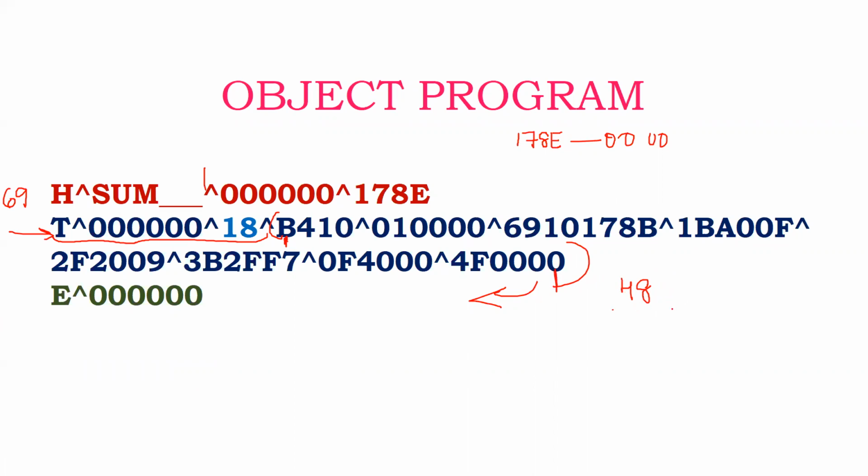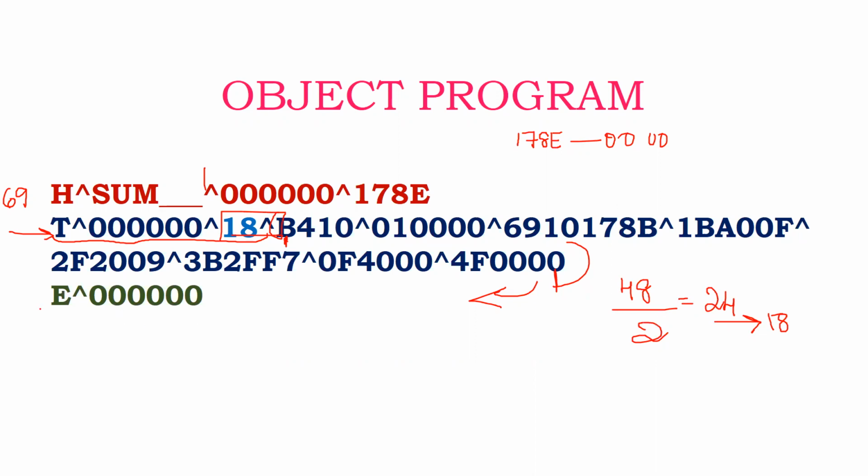So we divided by 2, which gives 24. Now this 24, when you convert it to hexadecimal, is 18. So that's why we wrote 18 here.